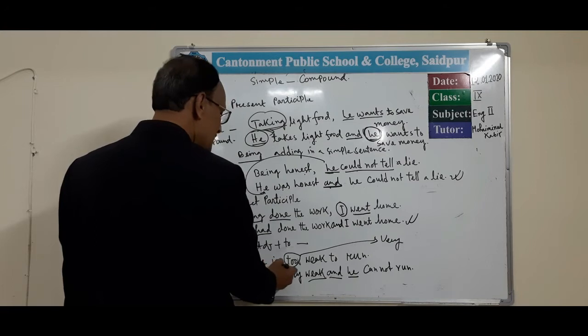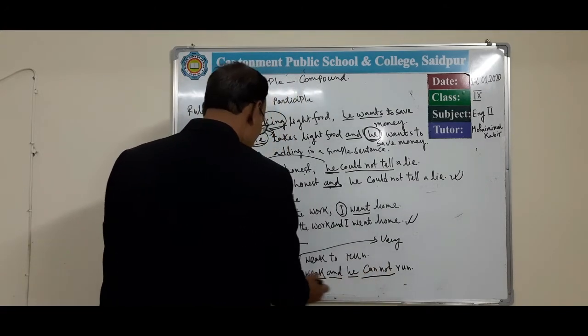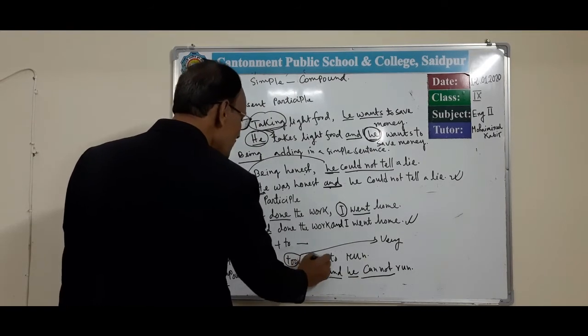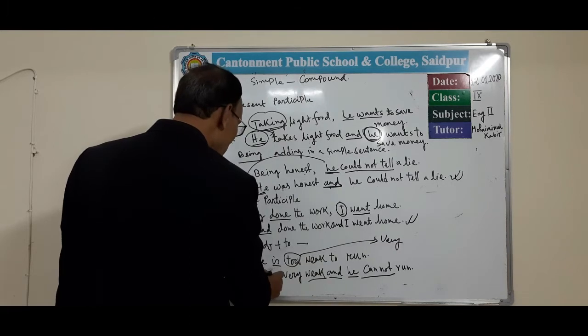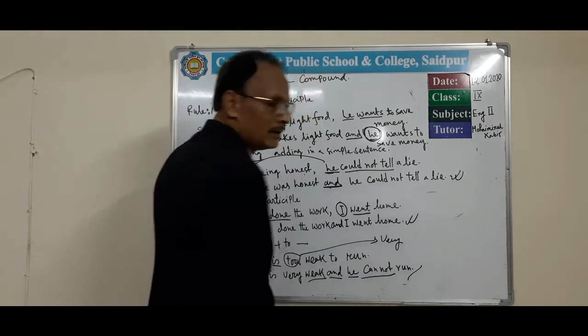It is present tense, so here we use cannot. If it is past form, he was too weak to run: he was very weak and he could not run.